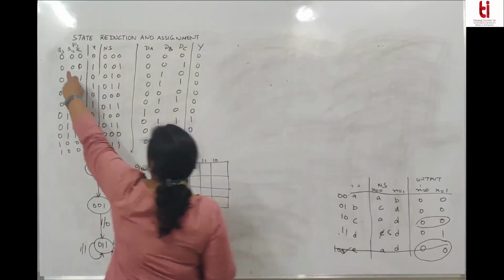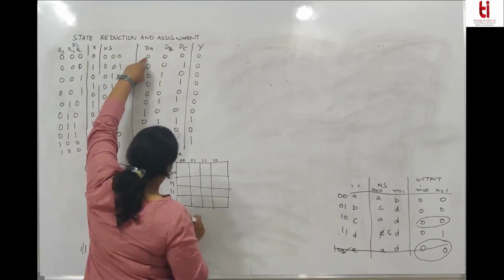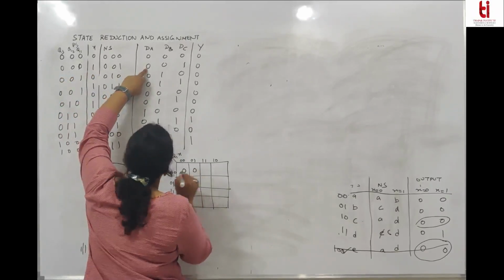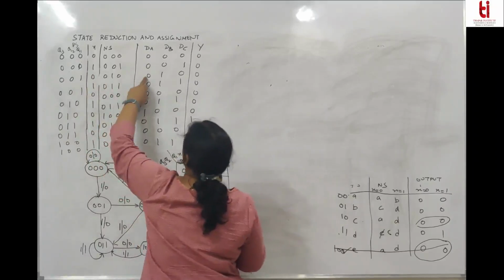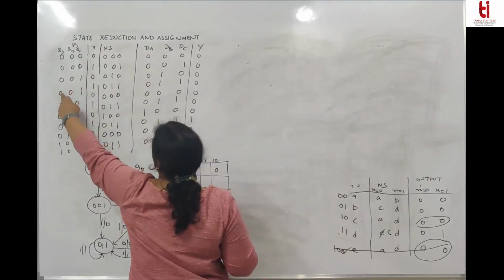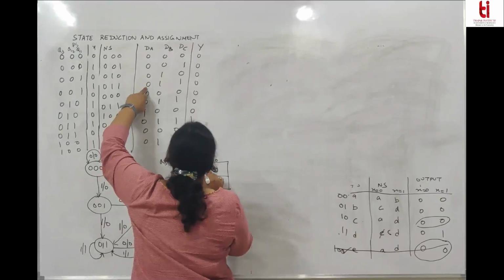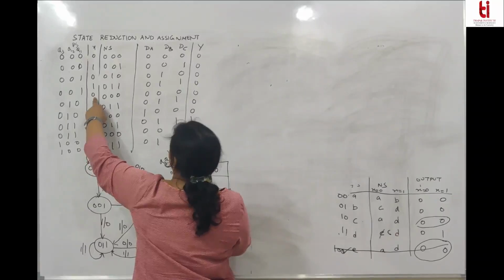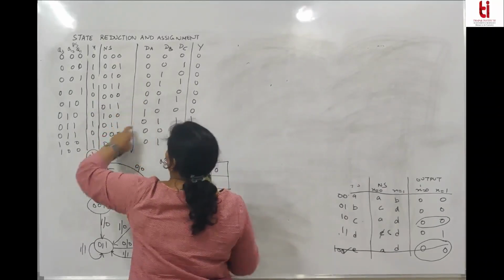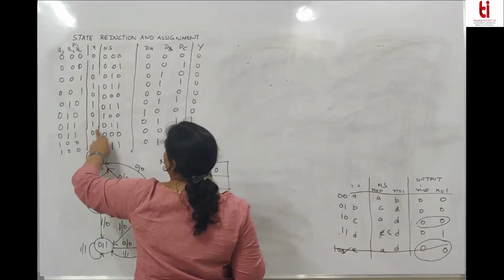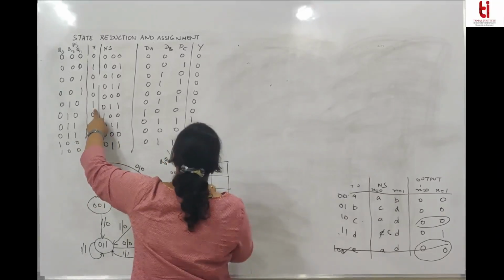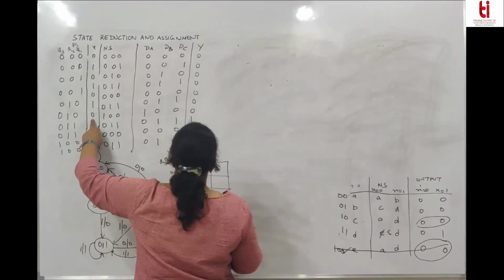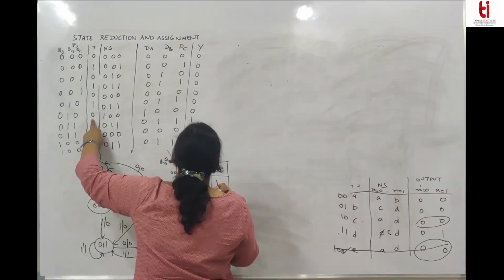So you can see for 0, 0, 0, 0, it is 0. For 0, 0, 0, 1, it is 0. For 0, 0, 1, 0, it is 0. For 0, 0, 1, 1, it is again 0. For 0, 1, 0, 0, it is 0. 0, 1, 0, 1, it is 0. Then 0, 1, 1, 0, it is 1.